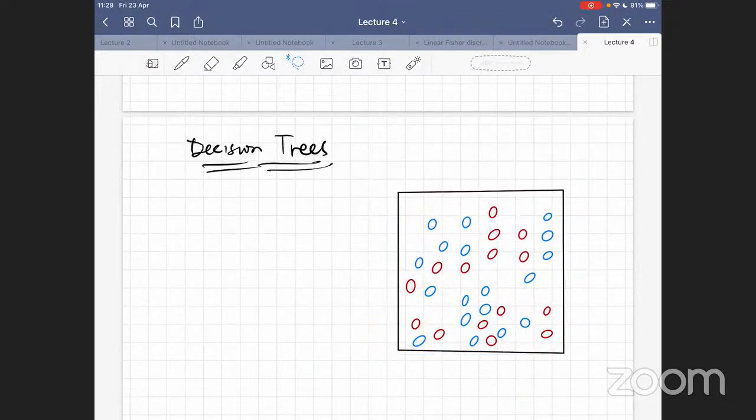You have a two-dimensional parameter space, x1 and x2, and you want to design a classification for this. By looking at the figure, it may seem like a pretty complicated decision boundary, right?